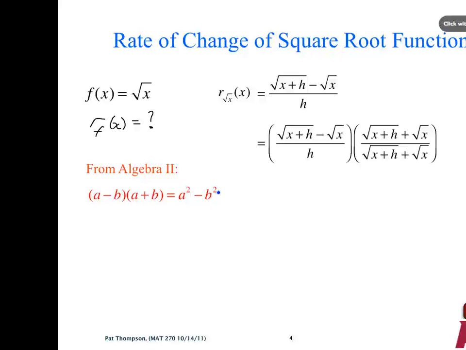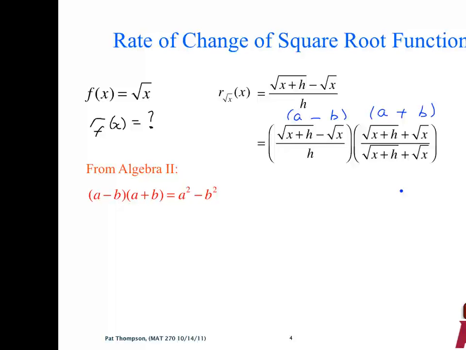You see that? Yeah, it's called the conjugate. Because then a squared and b squared is going to get rid of the square roots. So we're using this algebra rule in the numerator.